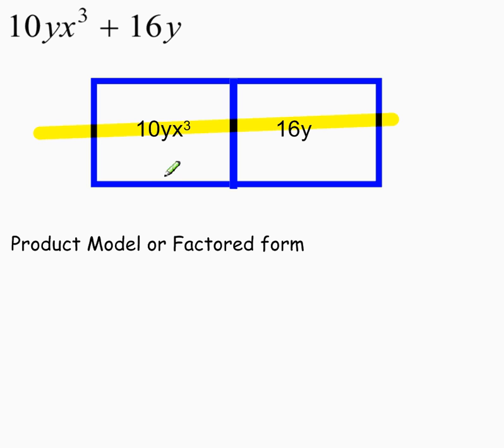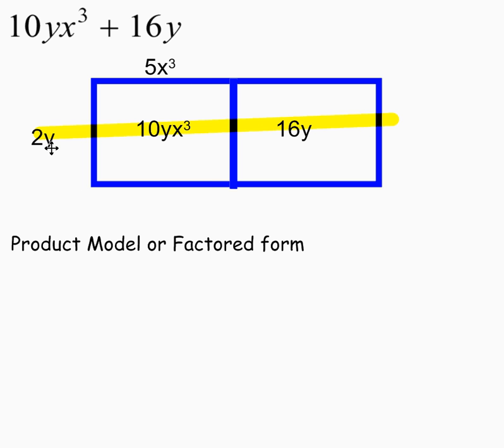If I just look at the number part, 10 and 16 both have 2 in common, then they both have a y. So I'm going to write down 2y on the outside edge. Now, 2y times what gives me 10yx cubed? Well, 2 divides into 10 5 times, and y divides into y 1 time, and there's nothing for the x to the third power, so I just tack it on there at the end.